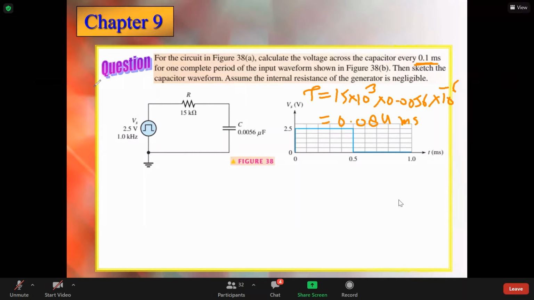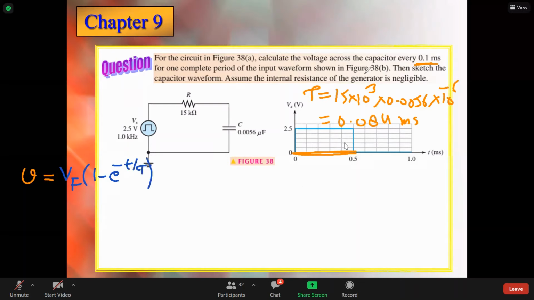First of all, it should be clear to you what will happen during this time. Will the capacitor charge or discharge? It will charge. Do you remember the charging equation? V is equal to VF multiplied by 1 minus e raised to power minus t over tau.